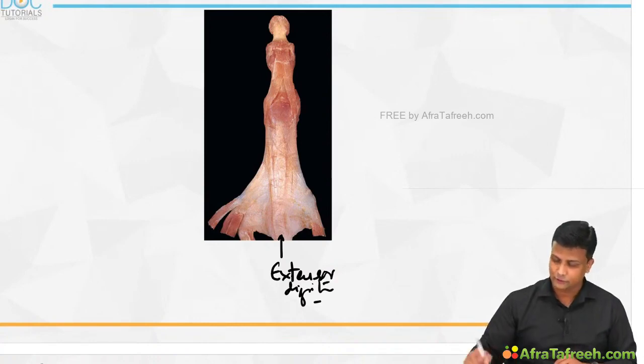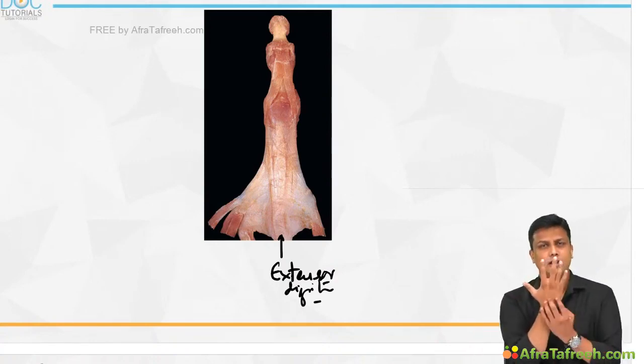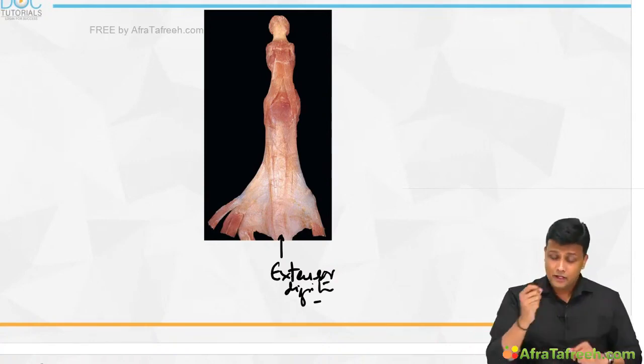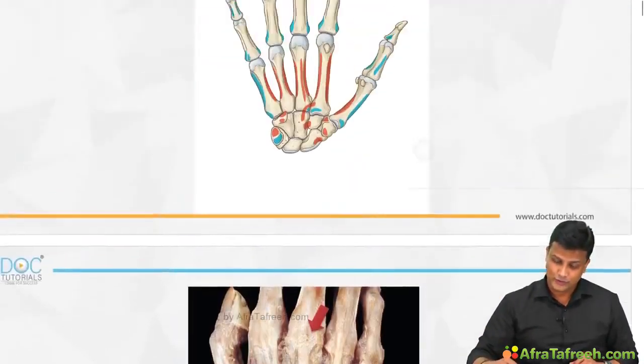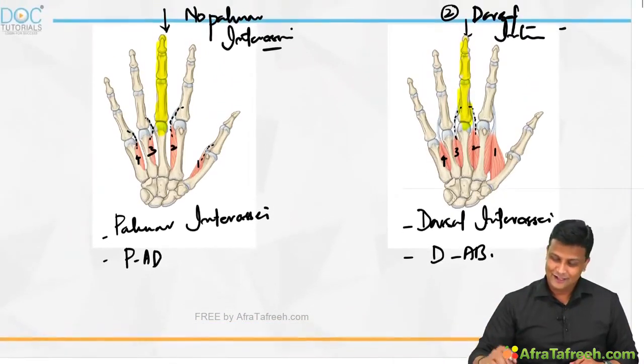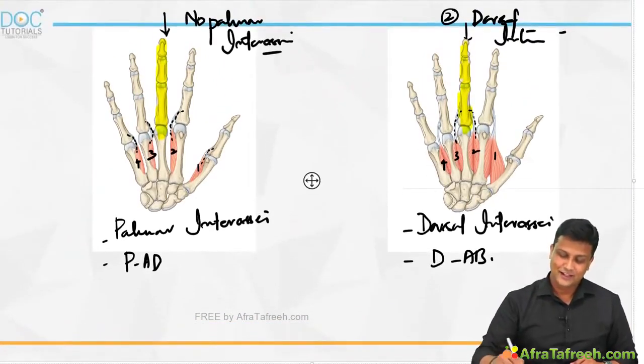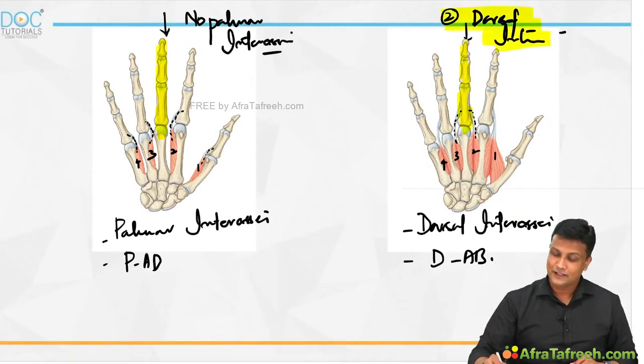For extending all the 4 digits, we have a muscle, extensor digitorum, that is a tendon. Now just recall, I told you very clearly, the middle finger has how many interossei attached to it? There will be 2 interossei.